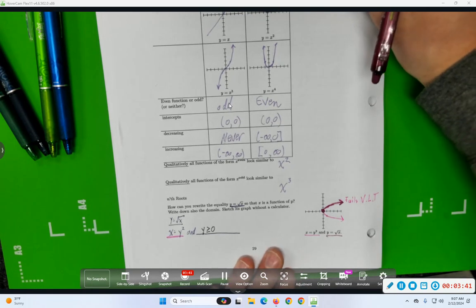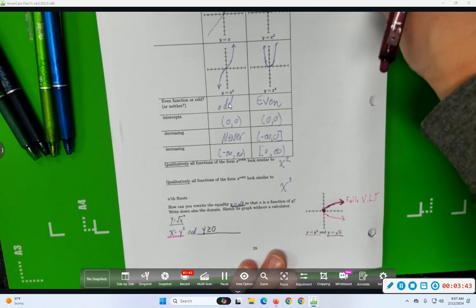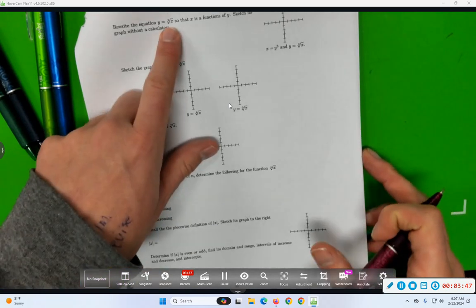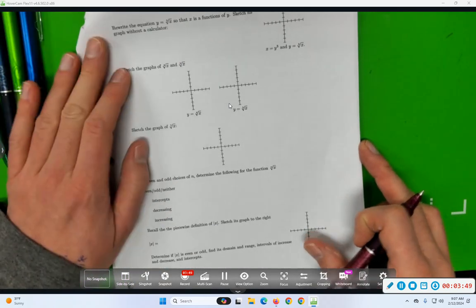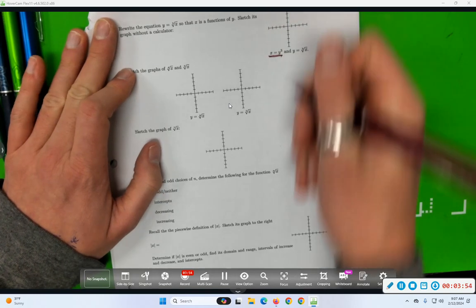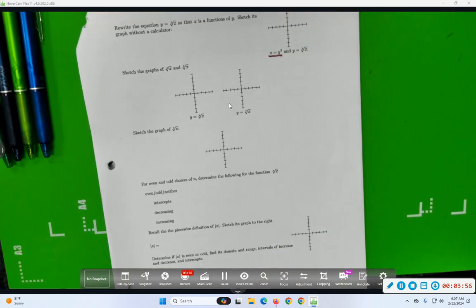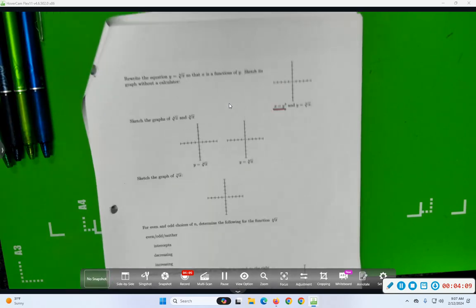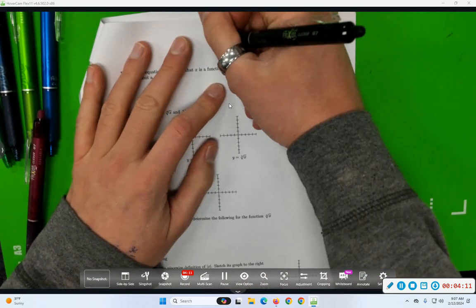Think we could do something similar for the cubing function? Let's try it. If you want to get the graph of y equals the cube root of x, we'll start with the graph of x equals y cubed. That should look like y equals x cubed, but then you swap the roles of x and y. So, start by just remembering what the graph of y equals x cubed looks like.